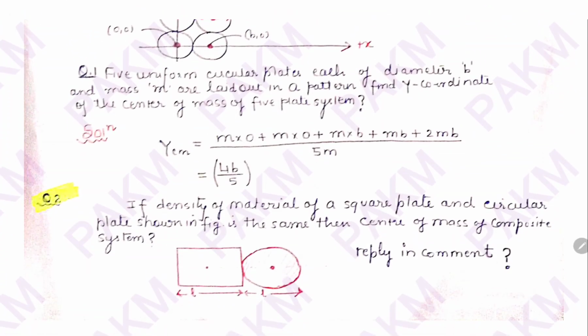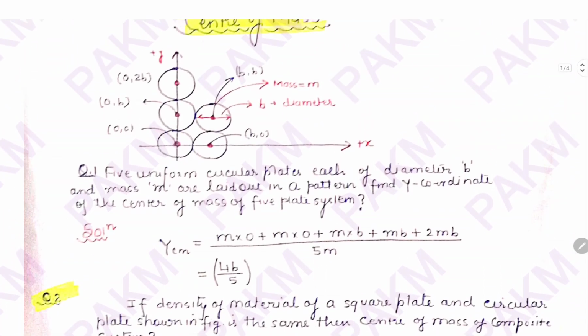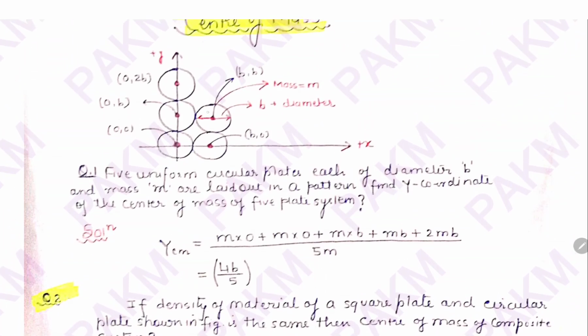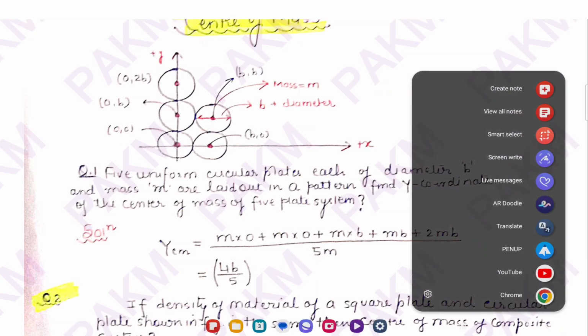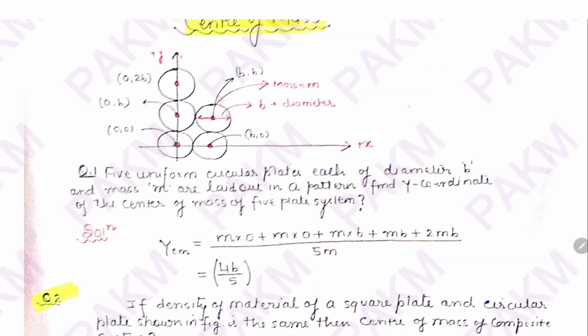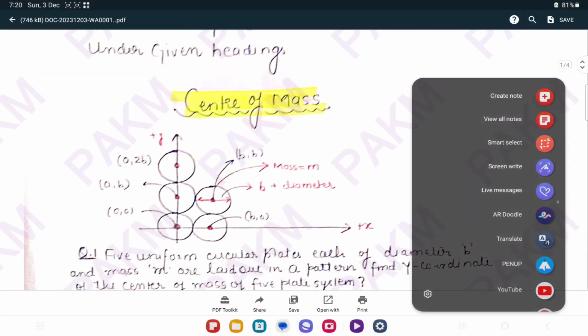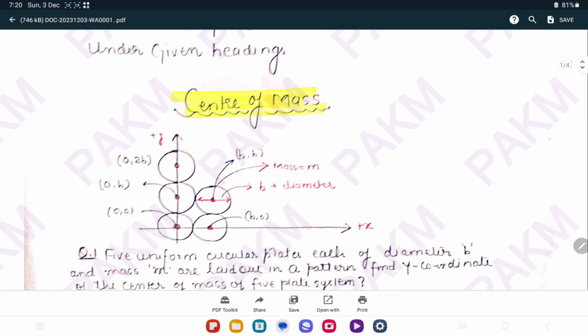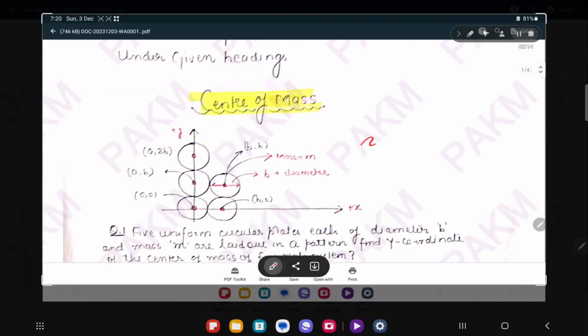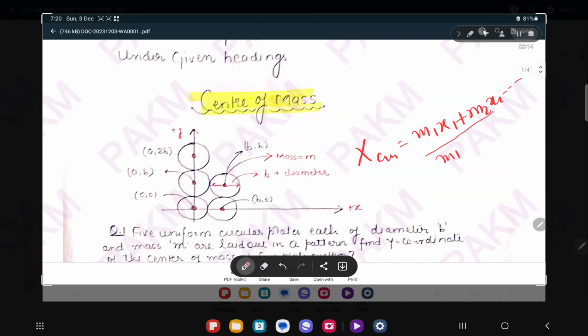After locating, we can simply use the formula for xcm and ycm. For xcm, xcm is equal to m1 x1 plus m2 x2 and so on, divided by m1 plus m2 and so on.